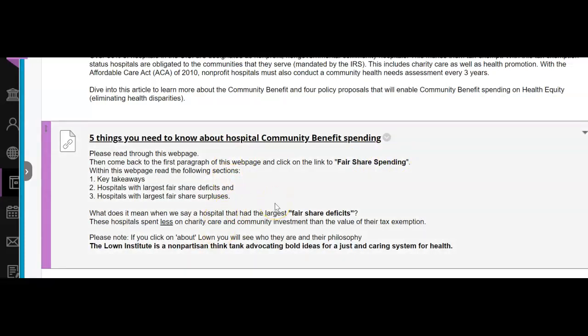It's the same web page, but I want you to go through and first read the 5 things you need to know, and then come back, click on that fair share spending link in the first paragraph of your readings. And I want you to look at the following sections. Key takeaways: hospitals with the largest fair share deficits.